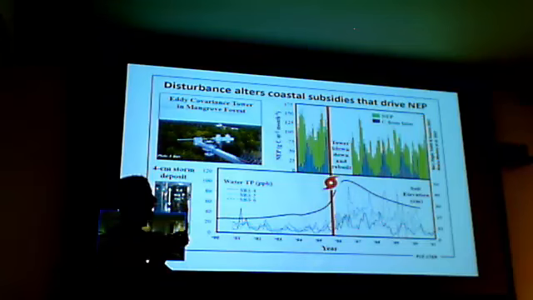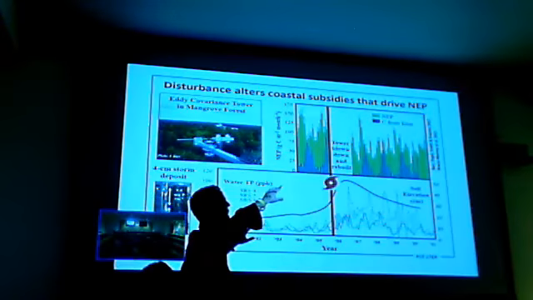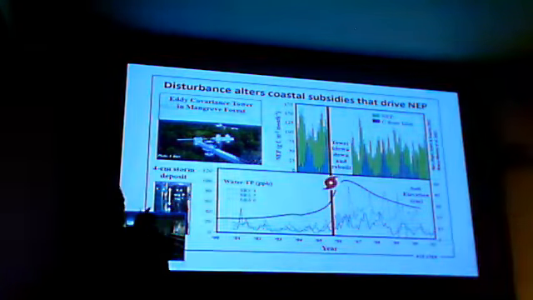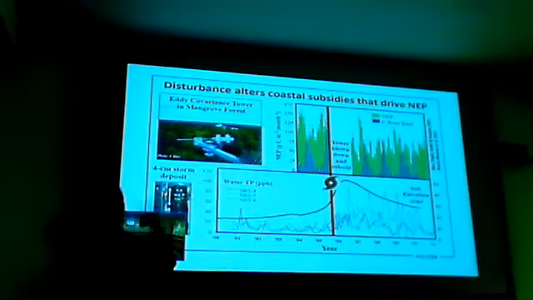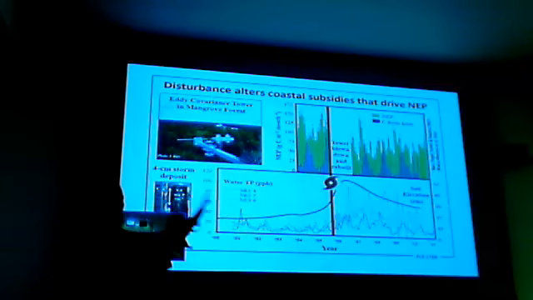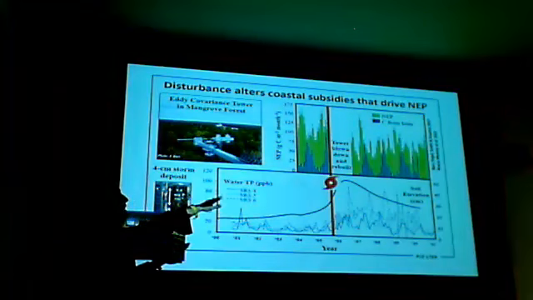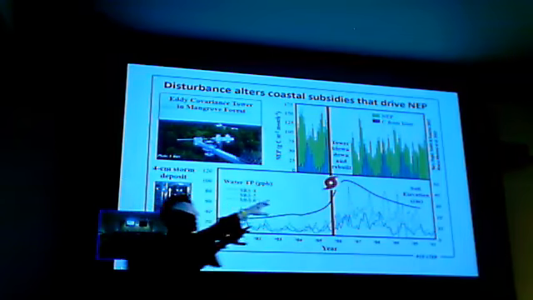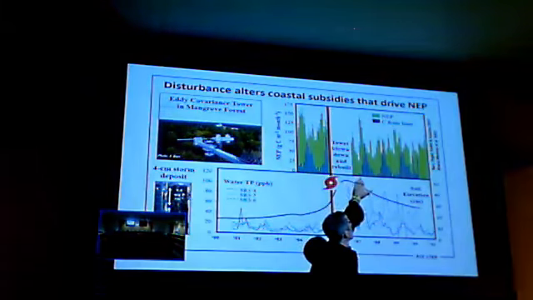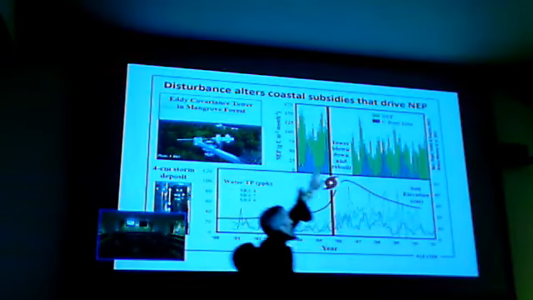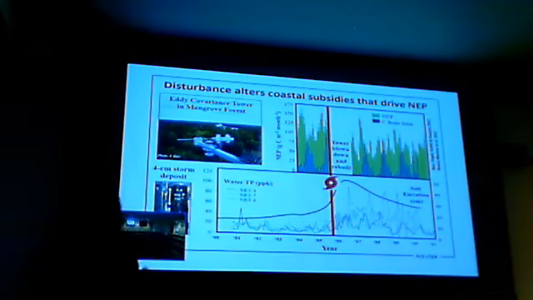So it is linked. Here we see the storm comes in, dumps sediment, blows leaves off of trees. Where did those leaves go? Did they get buried? Did they get pushed away? But we see that they're gone. Here in 2007, there's low leaf standing stock, but then it jumps back up and productivity comes back.